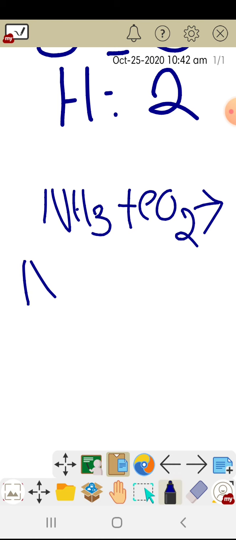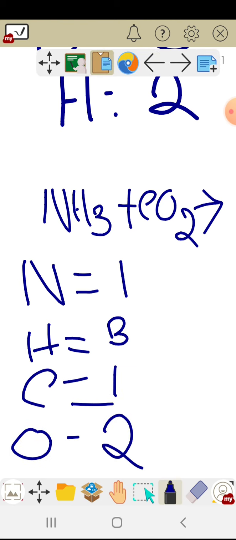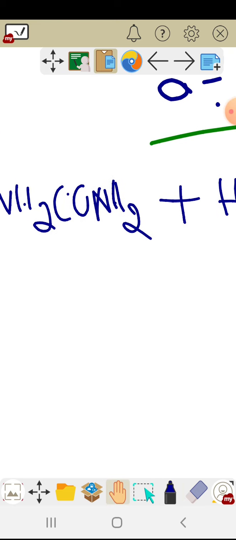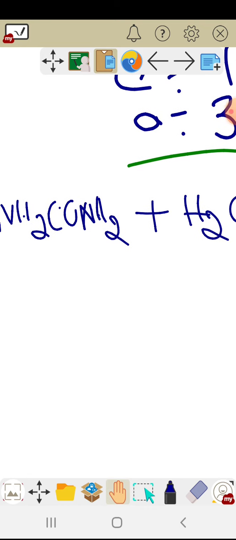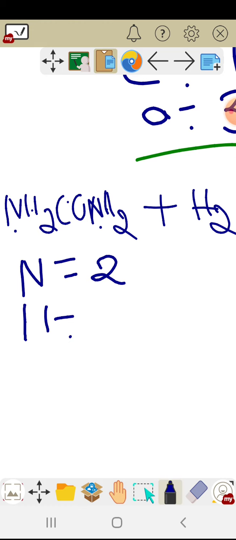LHS: N is 1, hydrogen 3, carbon 1, oxygen 2. Right? Fine. RHS: N is 2, 1 plus 1, 2. Hydrogen is how much?